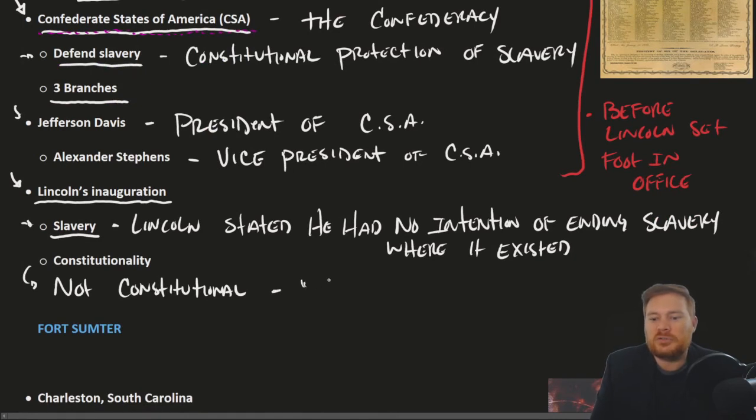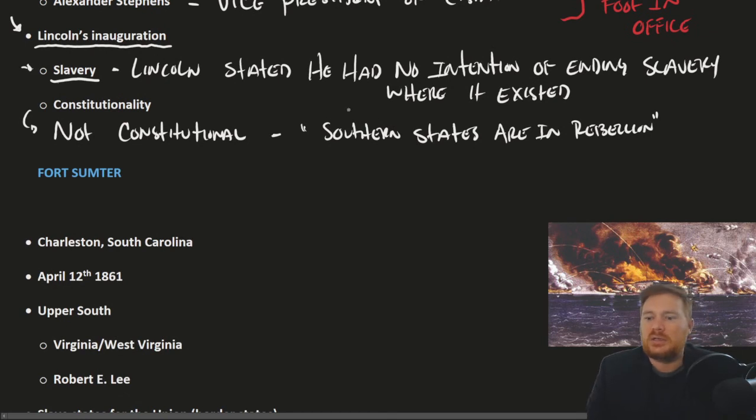Instead, he referred to the southern states as being in rebellion. They're simply rebelling against the United States, but they can't actually leave because that's unconstitutional, it's not legal, cannot legally happen. Although, of course, supporters of secession would say that they had the legal right to do that.